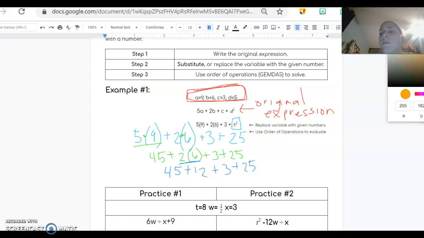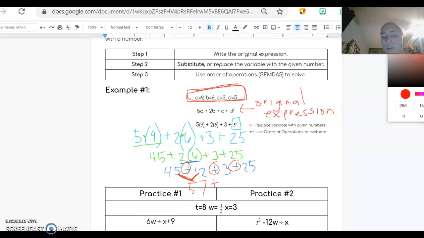Now I'm going to save you a step here. This is very important to listen closely to. I only have addition symbols left. I have an addition, addition, addition. Okay? Because those operations are all the same, I don't have to go one addition problem at a time. I can simply do my little caret like we do with exponents sometimes. 45 plus 12 gives us 57.